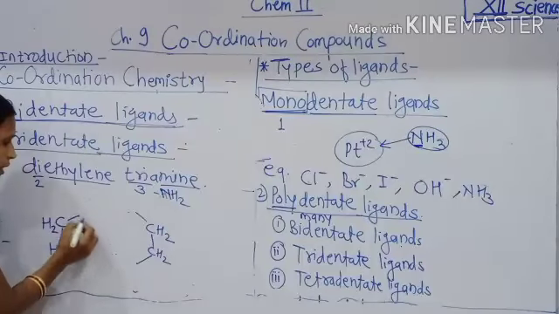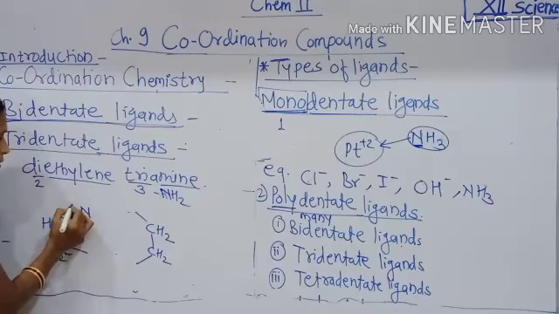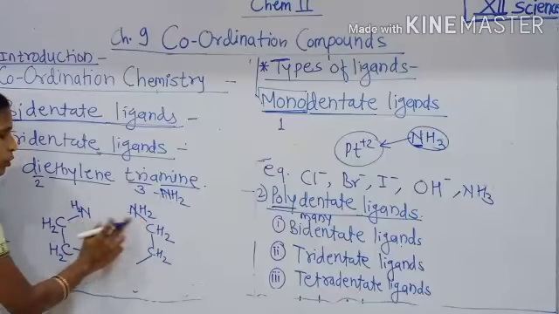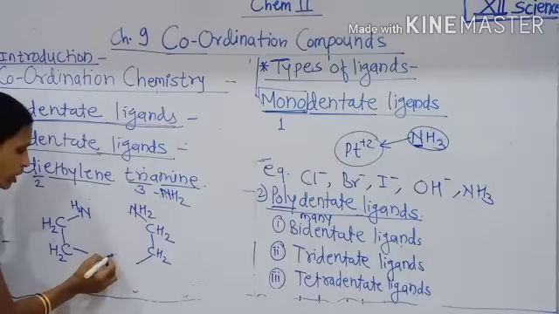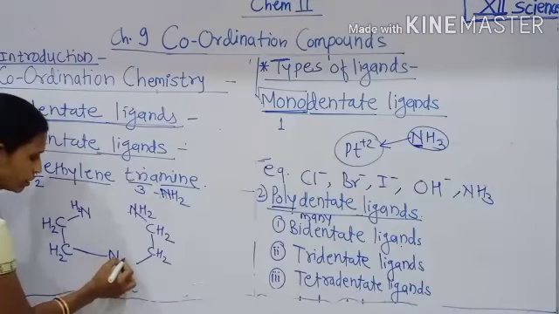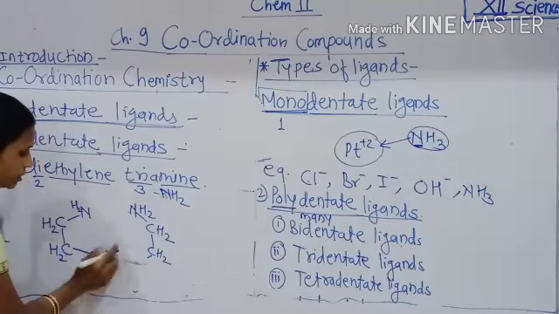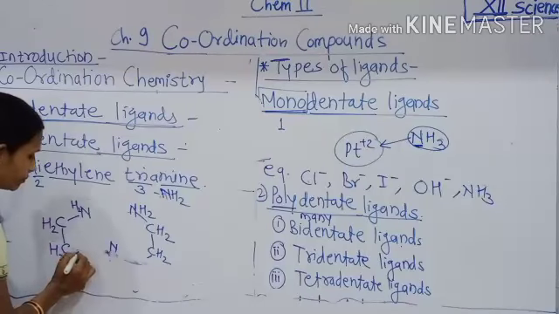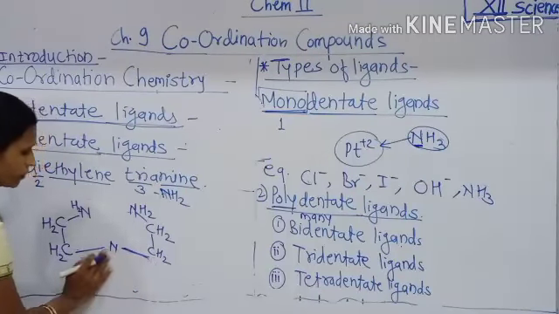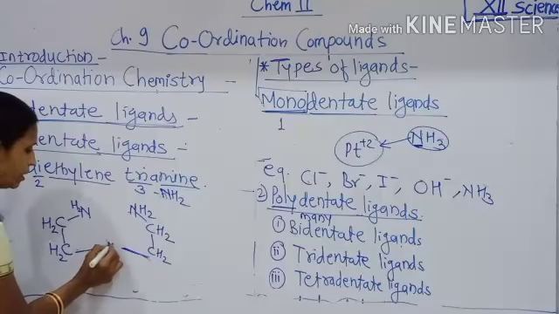Then see here, at this end an NH2 group is there. Here also an NH2 group, 2 amine groups, and one more amine group which is common here, that is NH.